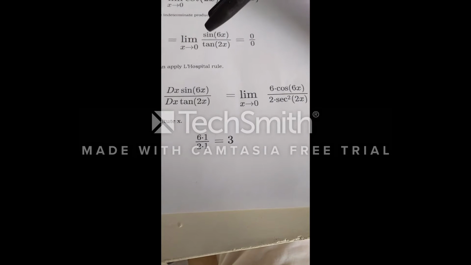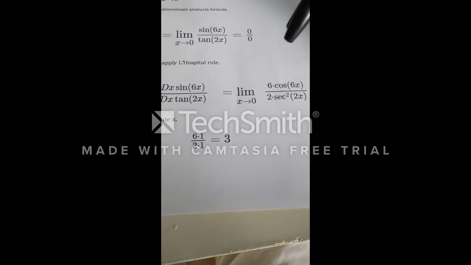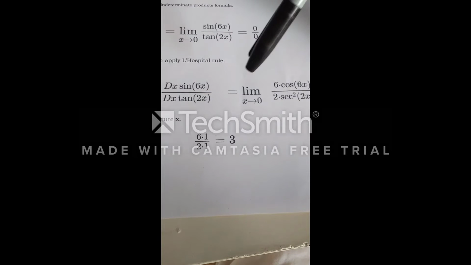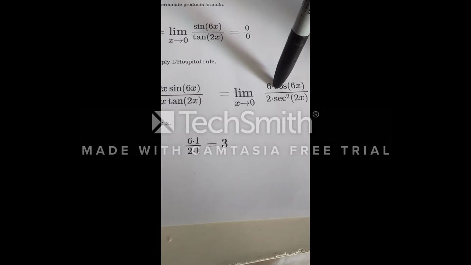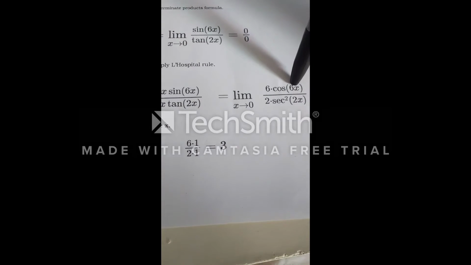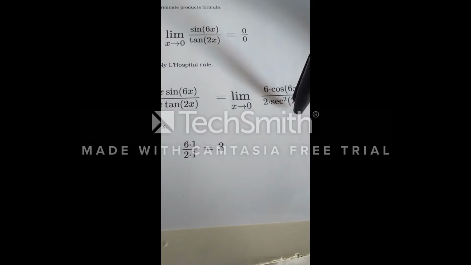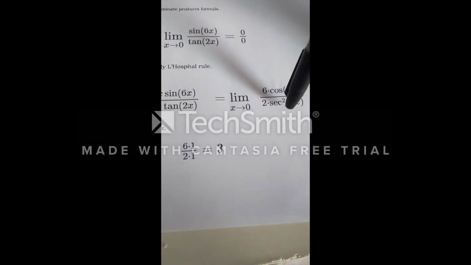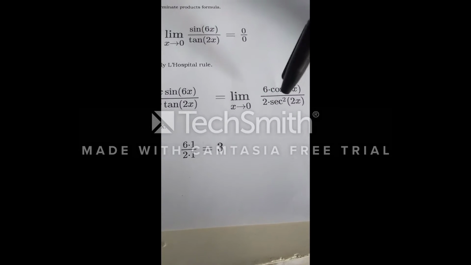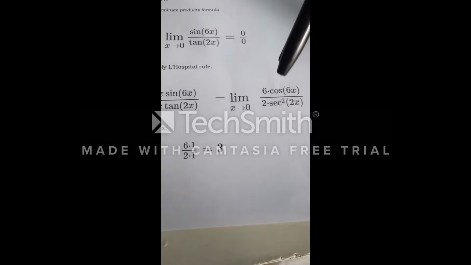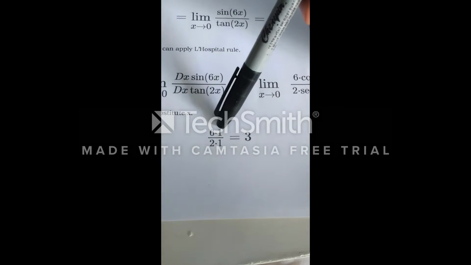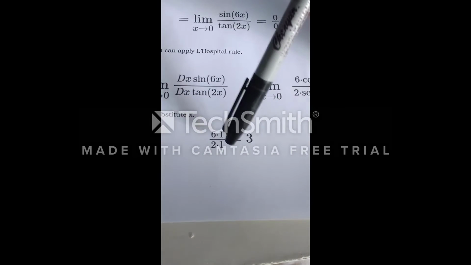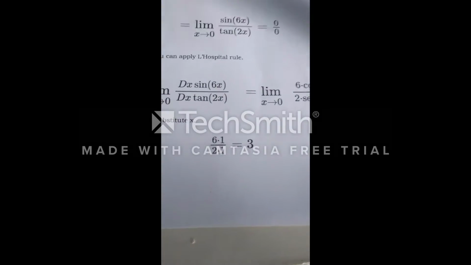Finally, we need to substitute x: 6 times cosine of 0, which equals 1, and 2 times secant of 0, which is 1, and 1 squared is still 1. Finally we get 6 times 1 over 2 times 1, which equals 3, and that is our result.